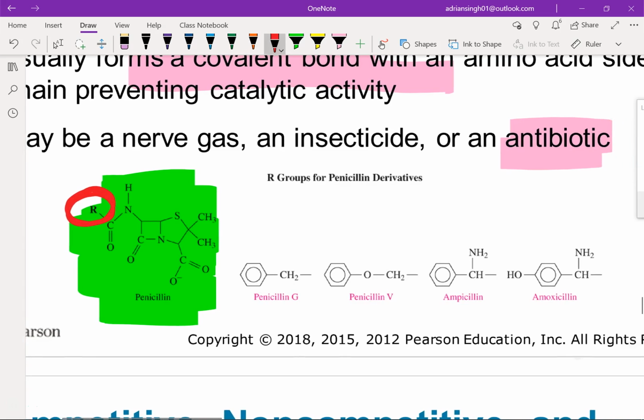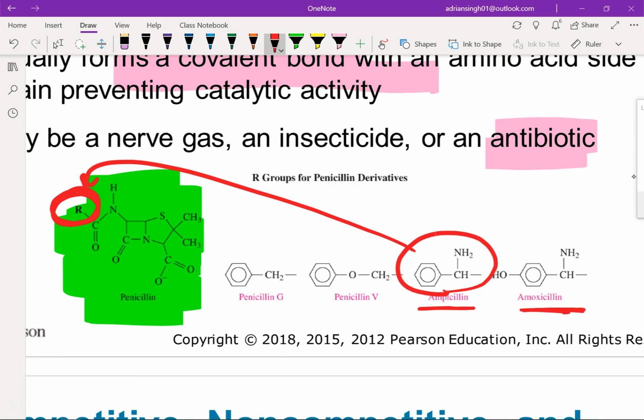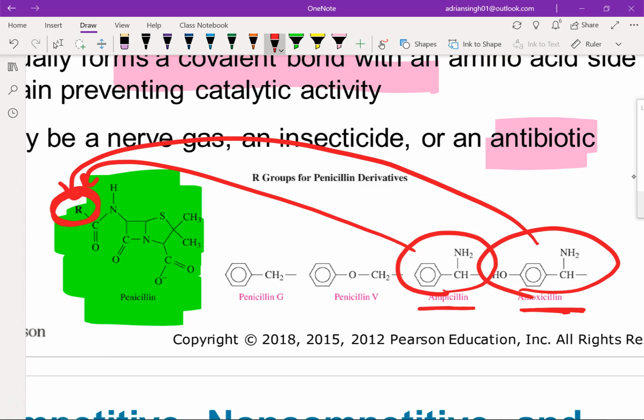So you may have heard of ampicillin or amoxicillin. If you just stick this in place of this R group, that makes it ampicillin. If you change it slightly, you attach an OH to the benzene ring here, and you place it instead of that R group, then you have amoxicillin.